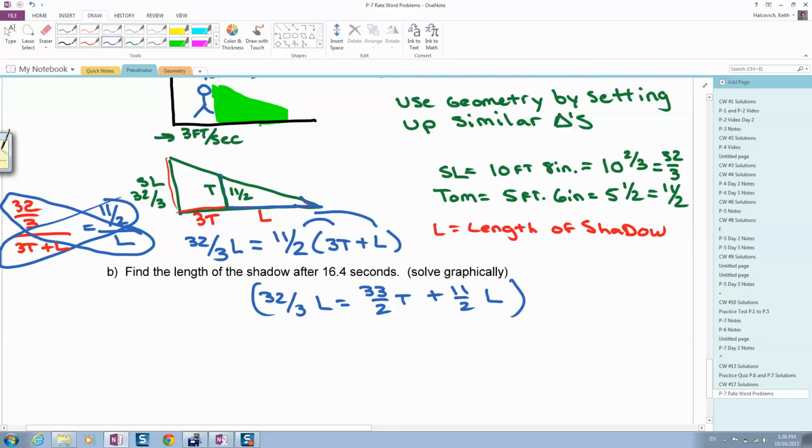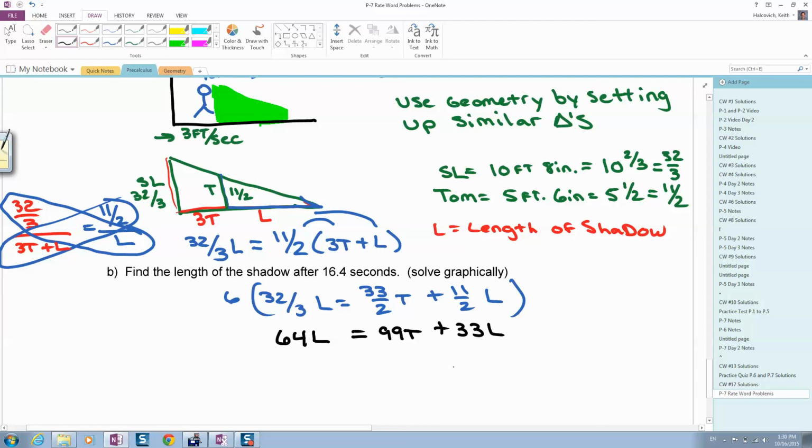And you guessed it, we're going to multiply by 6. So when we do that, 3 goes into 6 twice, so it's 64L equals, and then 2 goes into 6 3 times 33 is 99t, and then 3, so plus 33L.